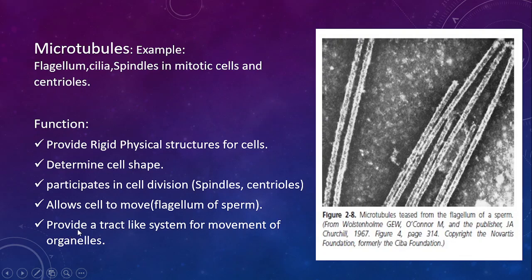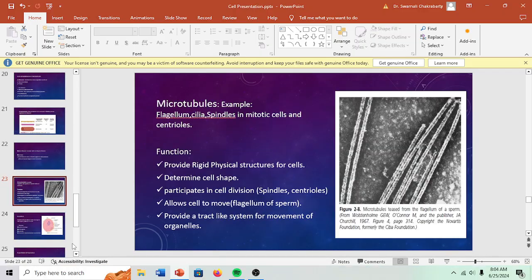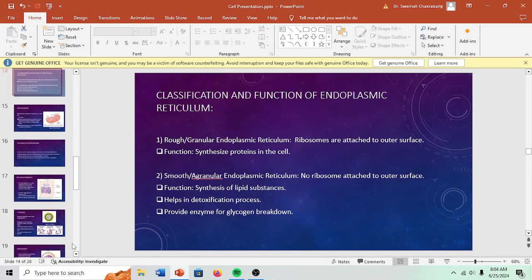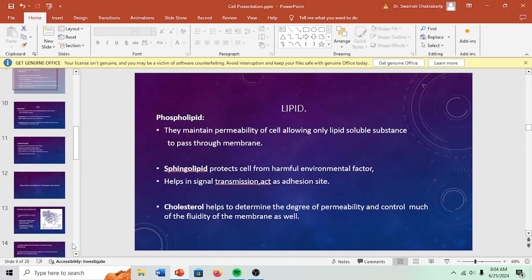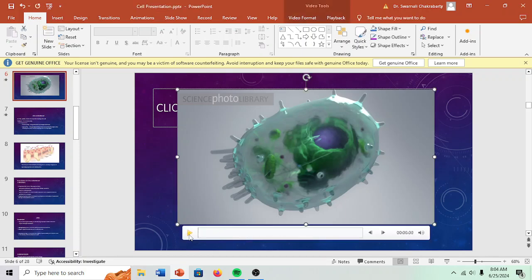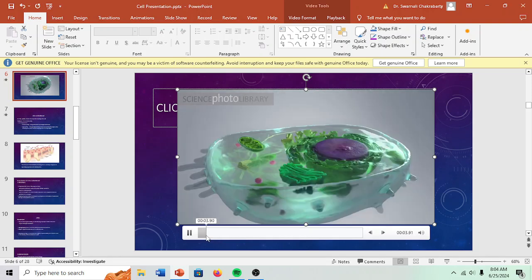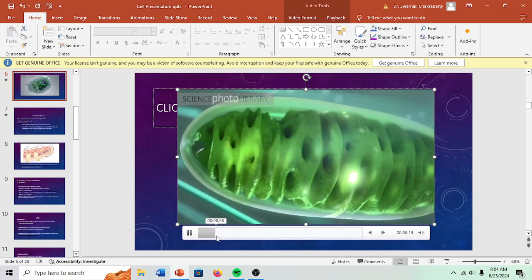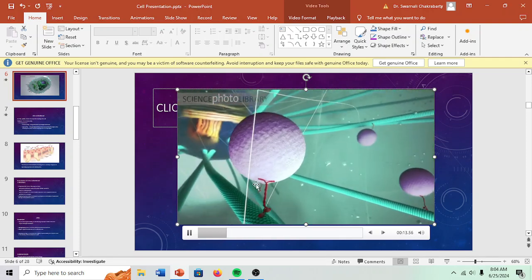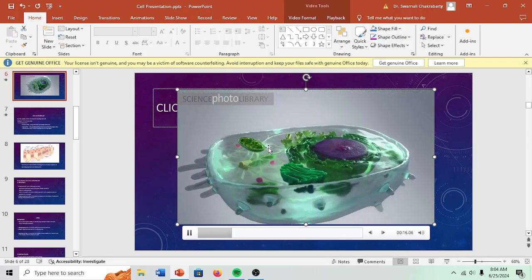And last but not least, they provide a track-like system for movement of the organelles. I would like to recall this slide. Yes, this is the cell cytoskeleton with a nanomotor containing the substances.